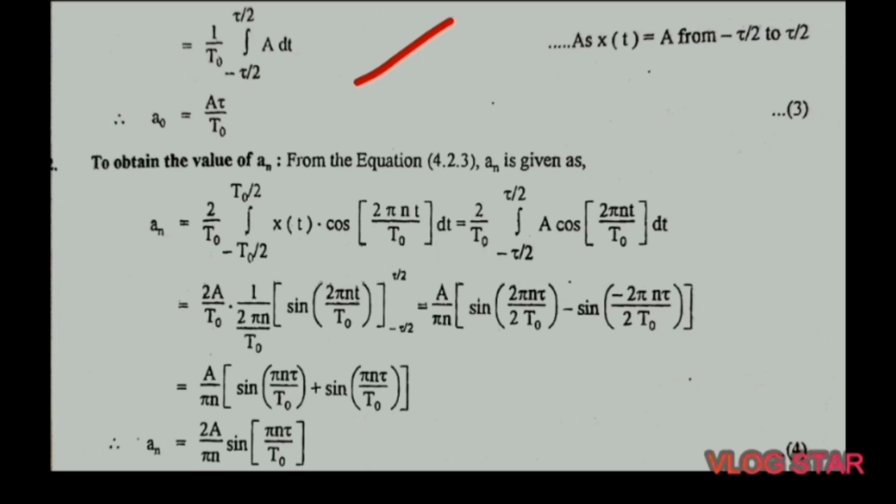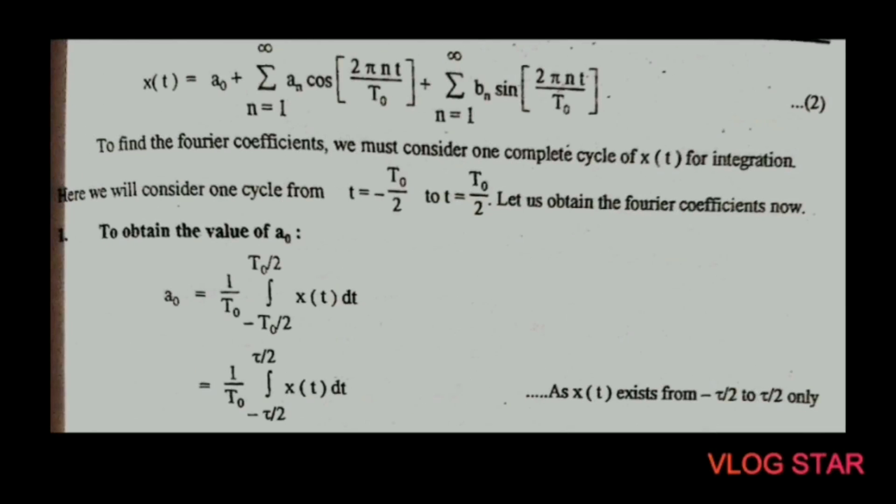As we know, the integration of A with respect to dt, with higher limit tau by 2 and lower limit minus tau by 2, gives, after putting higher limit minus lower limit, A tau divided by 2 plus A tau divided by 2, which is equal to A tau divided by T0. So we can calculate the value of a0 with the help of this general formula of a0.